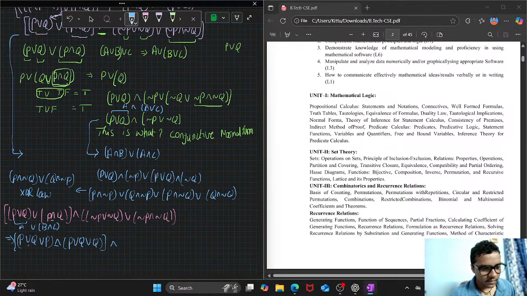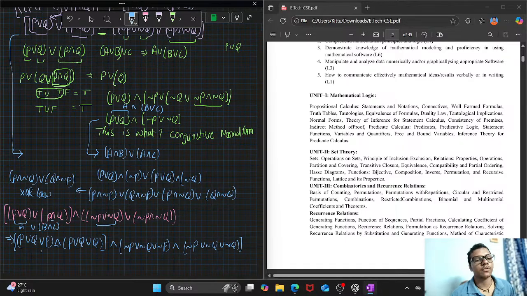And same for this. This is entire A or B and C. So that's negation P or negation Q, or negation P and negation P or negation Q or negation Q. That's what you did before.